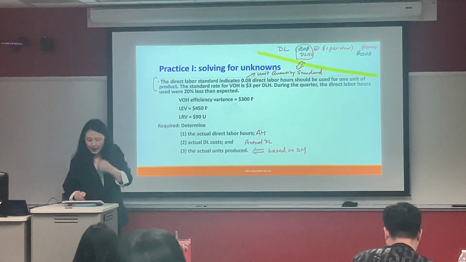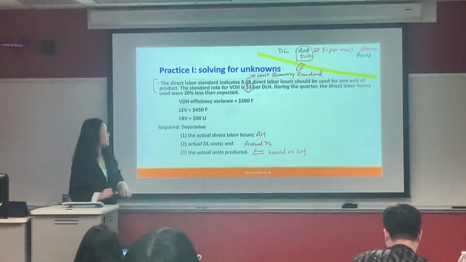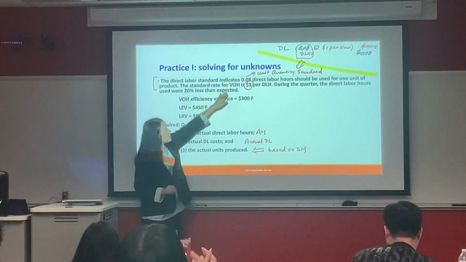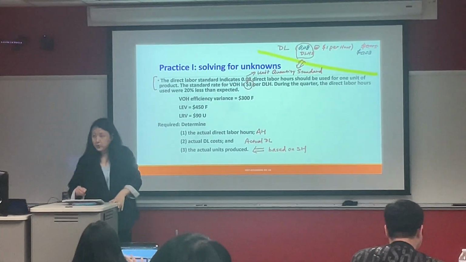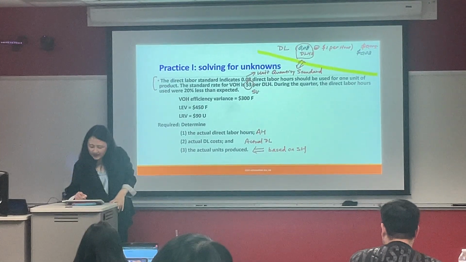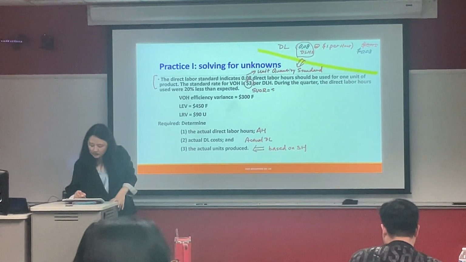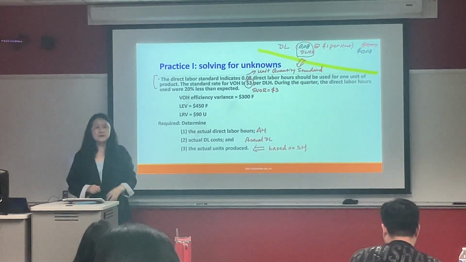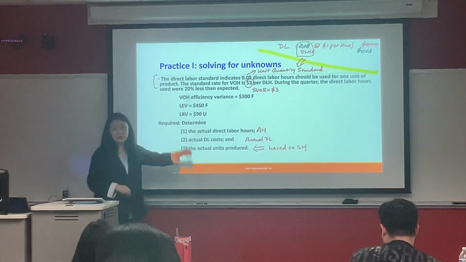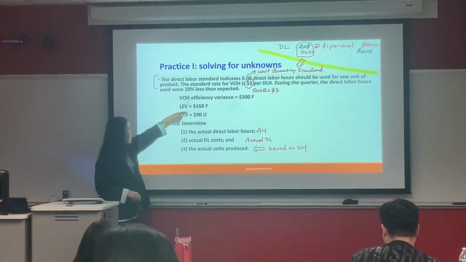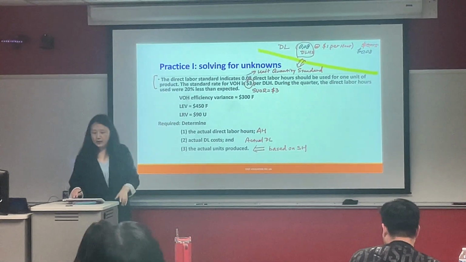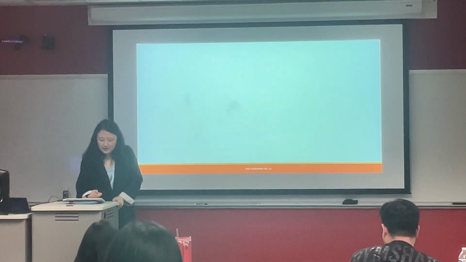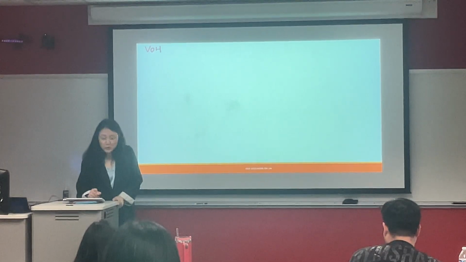All right, this says the standard rate for variable overhead is 3 per direct labor hour, so that's SVOR, which is 3. Then we have a variable overhead and labor. How are we gonna do this? We're gonna use our trick.